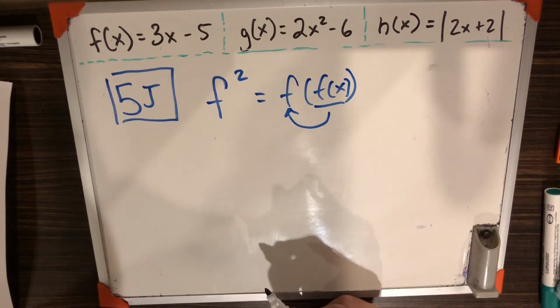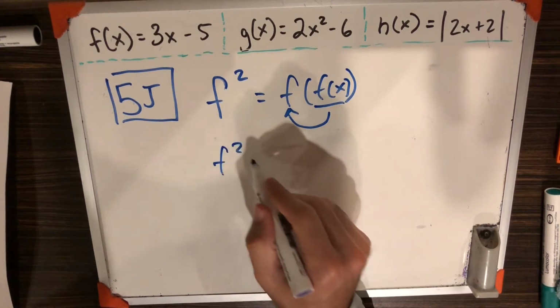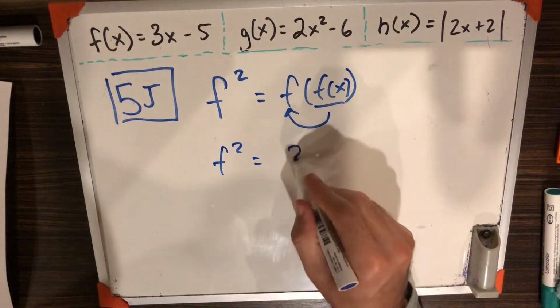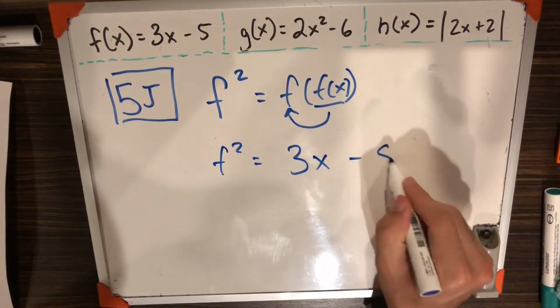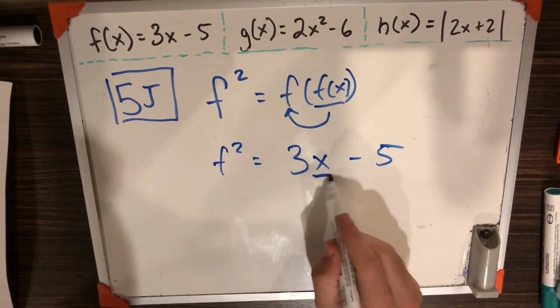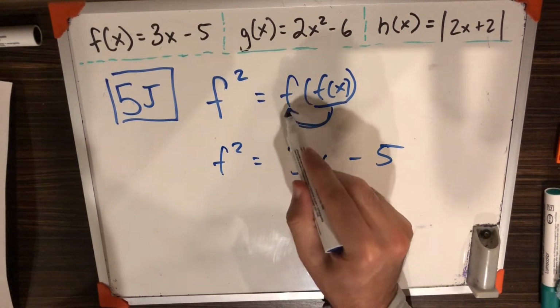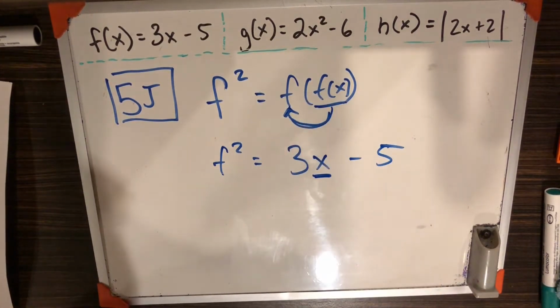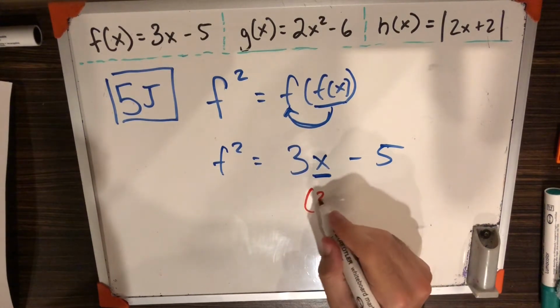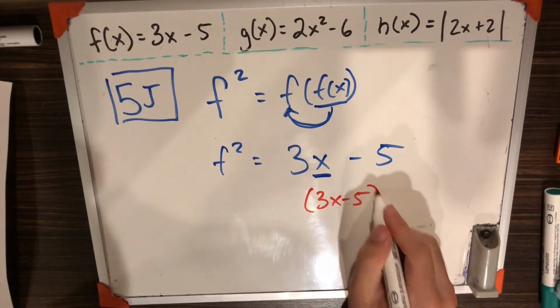So the first thing we should do is write down what f is. Okay, I'm going to replace this x with, well, f, right? I'm putting f in for f. So for this x, I'm going to replace it with itself, 3x minus 5.